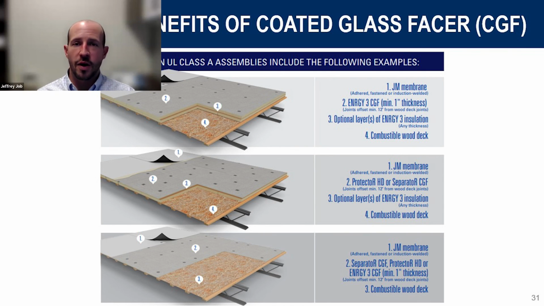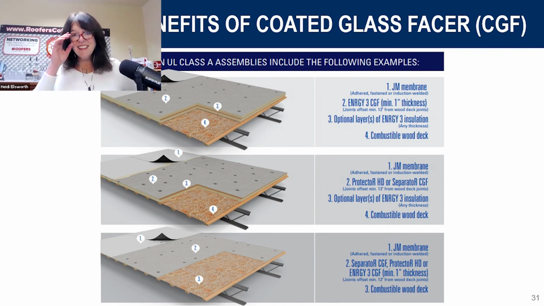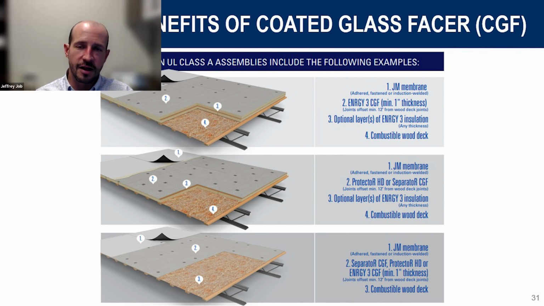Especially on the West Coast, that's very popular. You do see it a lot in the South as well. Some of those wood decks, you could throw any one of these products that has a coated glass facer over it and achieve a Class A. So Protector HD and Separator CGF are the two main coverboards that JM is offering right now.